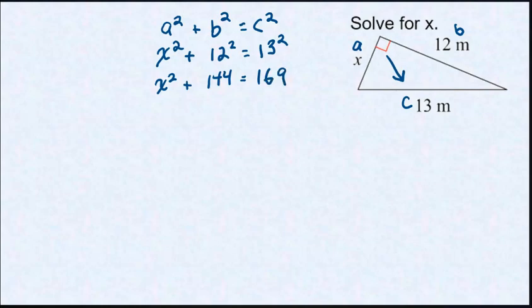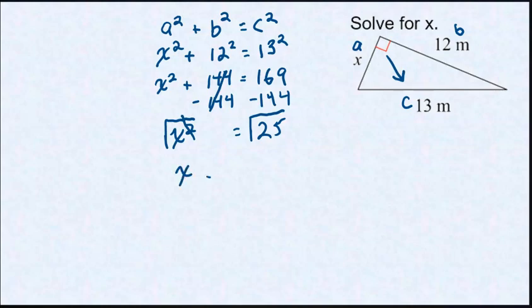Now I'm going to subtract the 144 from both sides. X squared equals, that looks like 25 to me. I'm going to double check that on my calculator. And I am correct. And now what I'm going to do is square root that square away.